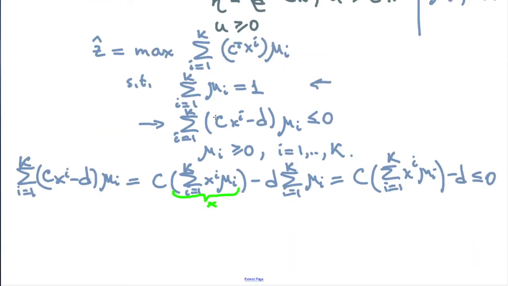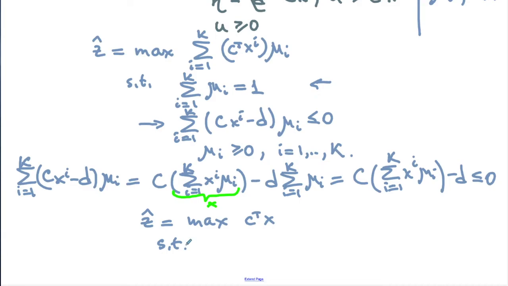And let's denote the summation of xi's mu i's by x. Then we can reformulate our problem as z hat is equal to the maximum of C transpose x subject to.